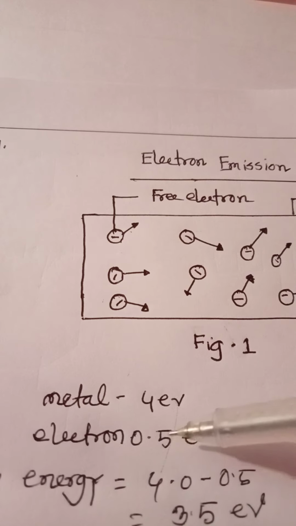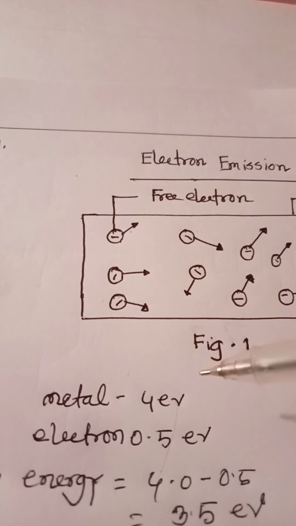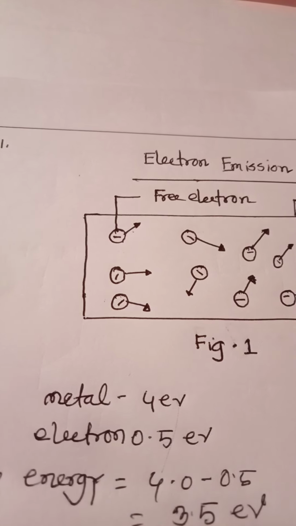So we require sufficient energy, which is called electron emission. Emission from the surface of the metal is possible only if sufficient additional energy is supplied from an external source.